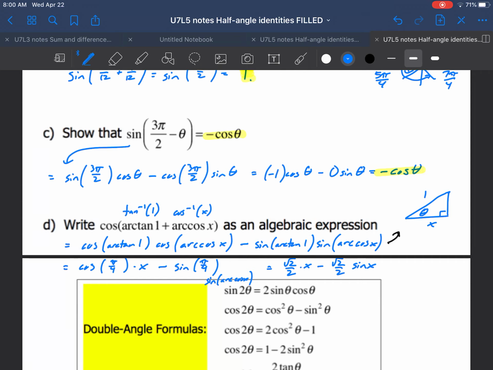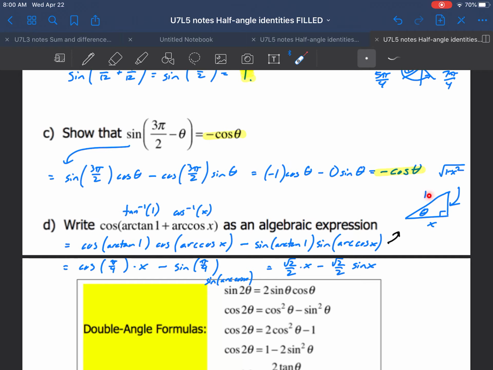This is a right triangle, so to solve for this, I do Pythagorean theorem. I do this side is equal to 1 squared, which is 1 minus x squared, square rooted. Okay, so this side right here by Pythagorean theorem is equal to the square root of 1 minus x squared. Okay, so then if I take the sine of this, well, it's opposite over hypotenuse, so it's square root of 1 minus x squared.